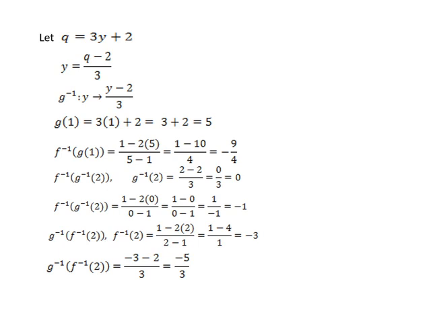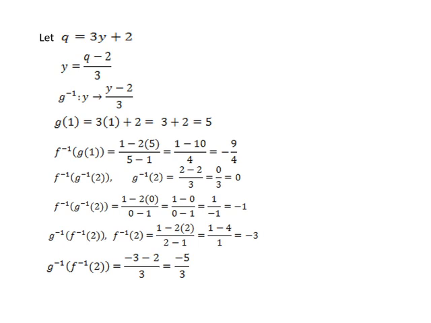After that, you now solve for f inverse of g inverse of 2. So you know you have gotten g inverse of 2 as 0, then you substitute into f inverse, then we have minus 1.